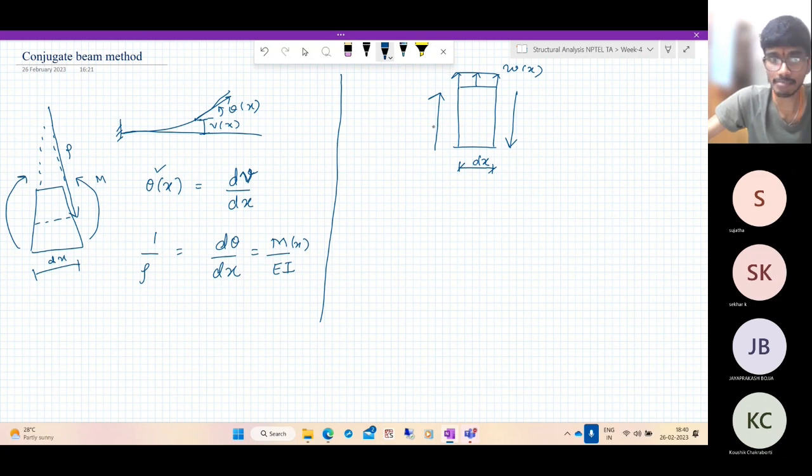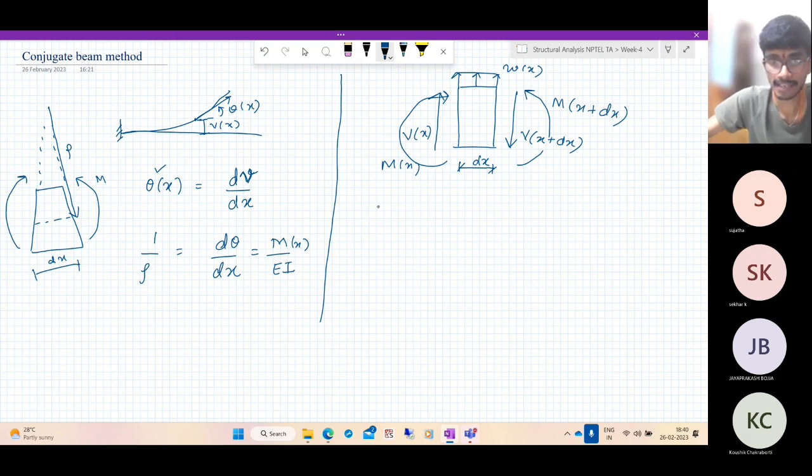This convention is very important for the conjugate beam method. On the left side, upward is positive, and on the right side, downwards is positive. And you have the bending moment, which is m of x. As usual, sagging moments are taken as positive.